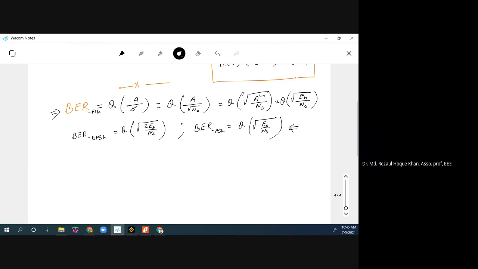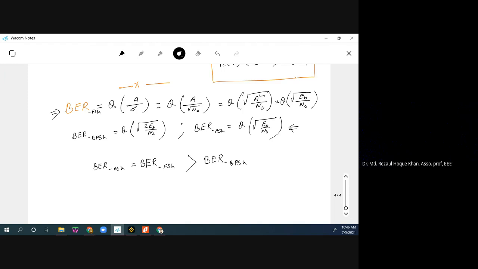So if we compare ASK and BPSK, as we made this comparison, we can easily write that the bit error rate for ASK is similar to the bit error rate of FSK, which is higher than the bit error rate of BPSK.